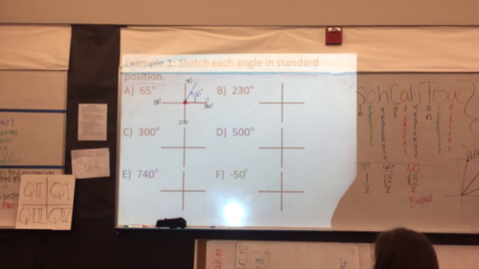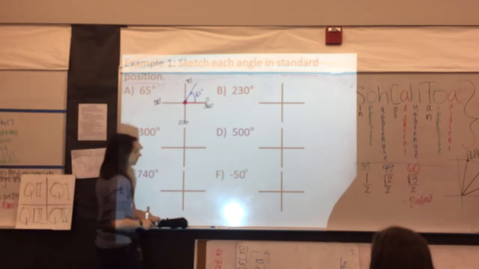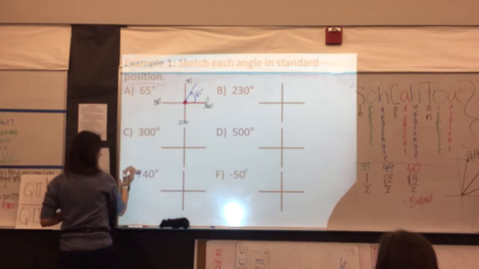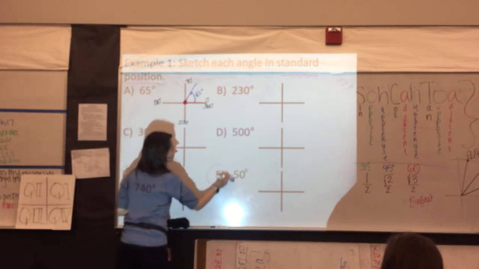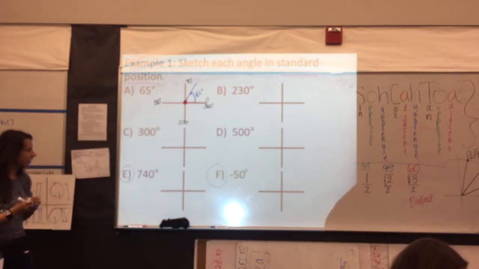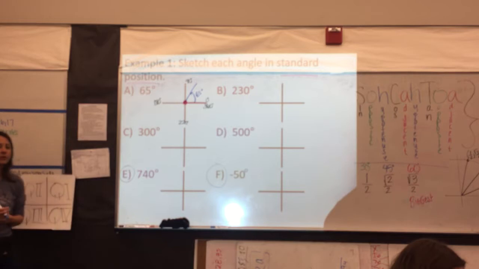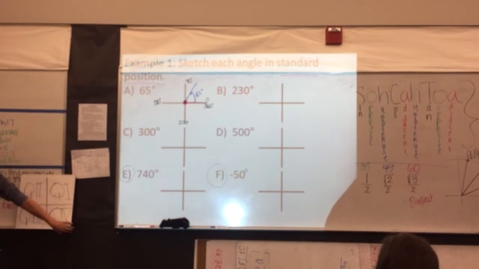There's a harder one on there. Which one's harder? The negative one for sure. There's another one that's harder than this one. 740. Okay, let's do this one and this one, the two hardest ones up there. Let's do the 740 first. I heard the word rotations.